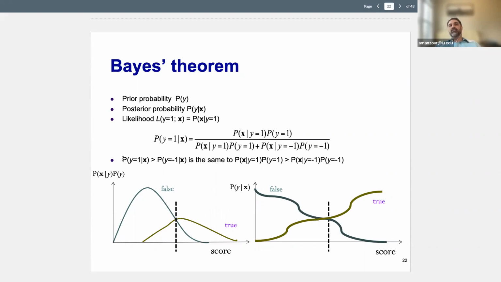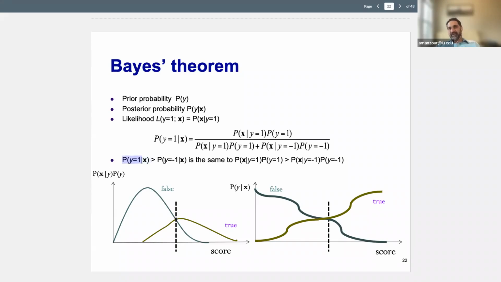We learned that according to Bayesian theorem, if the probability of Y equals 1 is higher than the probability of Y equals -1, given a particular observed score, then I should always go with the one with the higher probability. That was just logical, and that's just another way of reiterating Bayesian theorem.